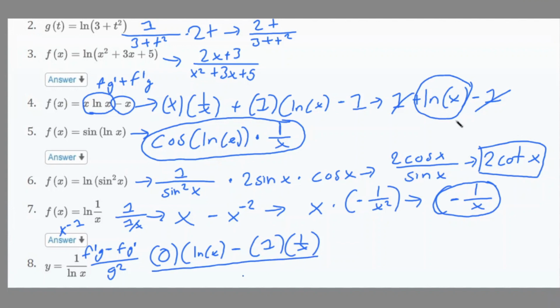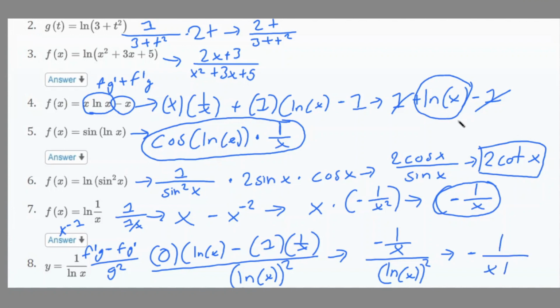And all that is going to be over ln of x to the second power. Now if we simplify all that, we would get negative 1 over x over ln x squared. If we simplify it even further, we get negative 1 over x ln of x squared. And that would be our final answer for the derivative of number 8. Oh, negative sign there as well.